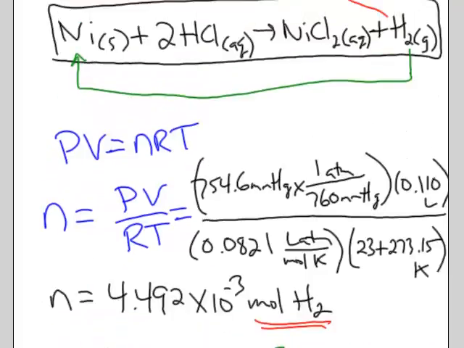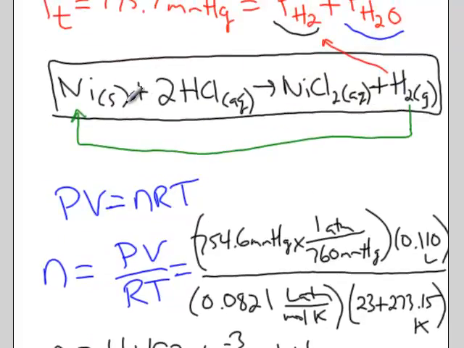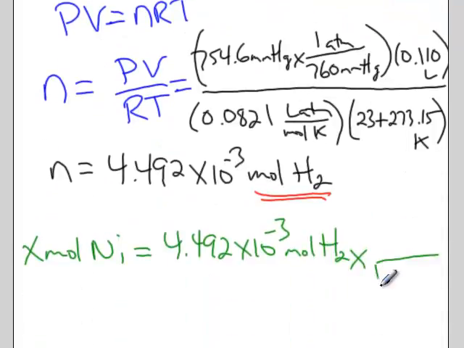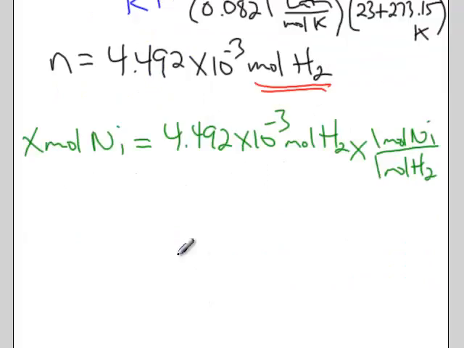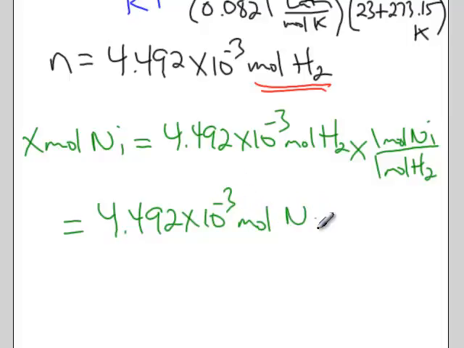In this case, it's a nice 1-to-1 ratio. So 1 mole of hydrogen came from 1 mole of nickel. So in this example, it is 4.492 times 10 to the negative 3 moles of nickel.